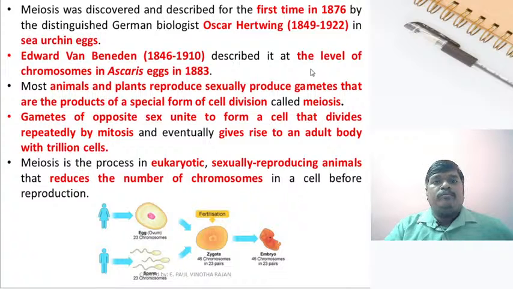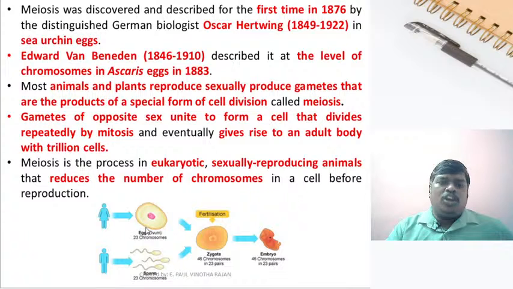The production of gametes: we know that all the gametes are haploid. So meiosis is the only process by which gametes like the ovum and egg are formed.